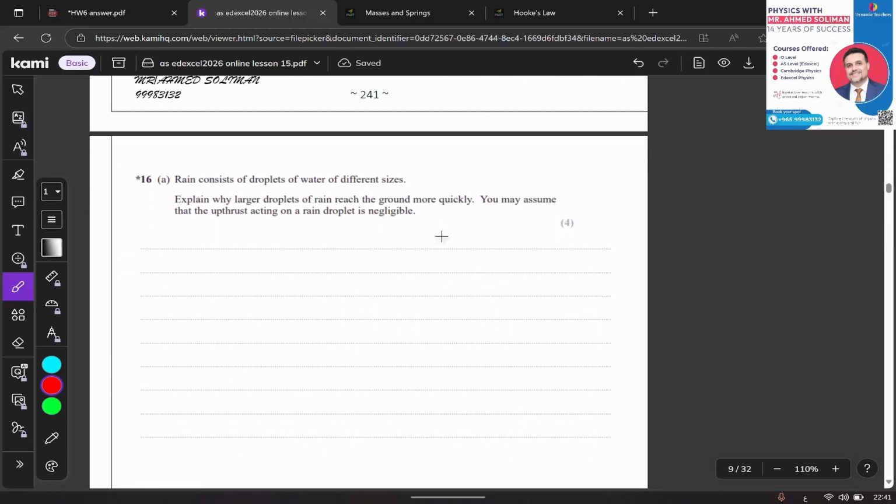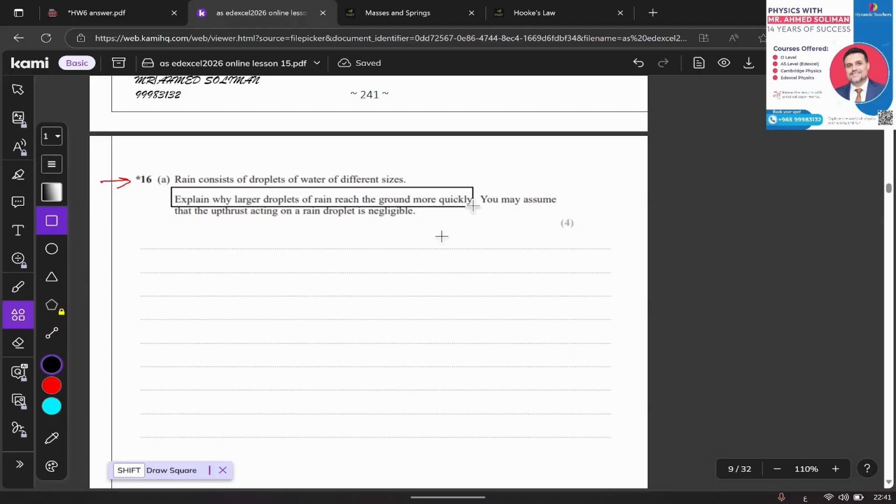Now let's move to this question, Mirola. What do you think? How can we solve this question? Do we write the equation? Okay, what is the equation you want to write? Upthrust. Upthrust force is negligible. We can ignore it.